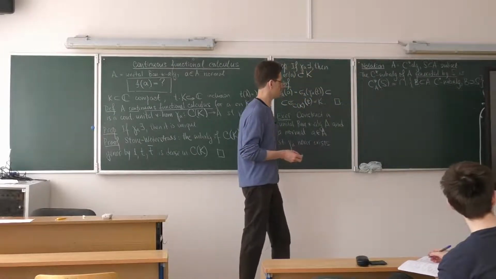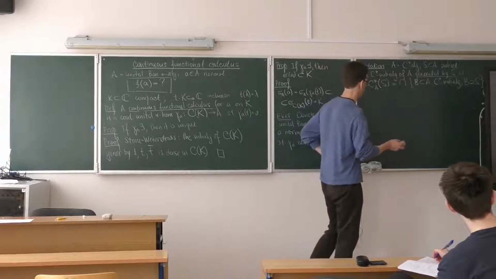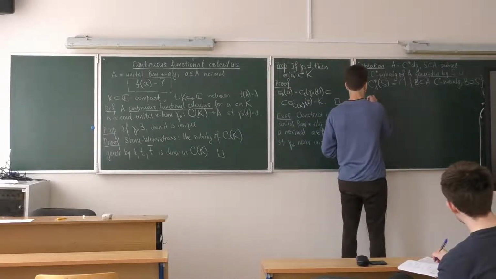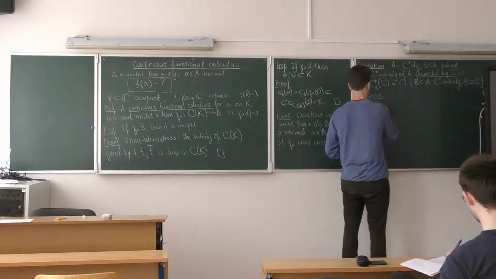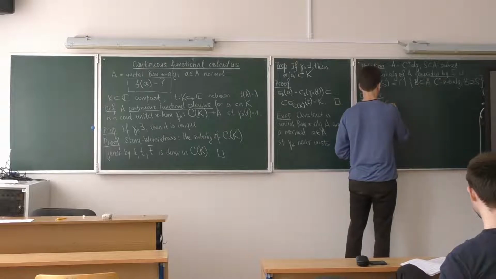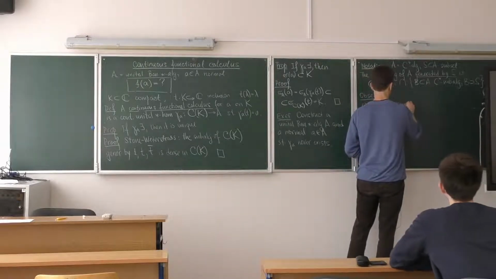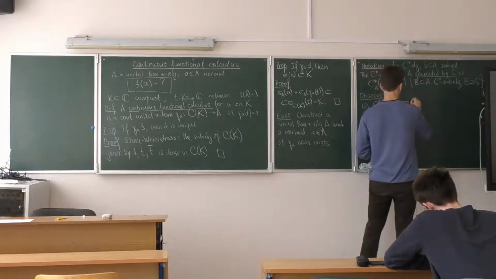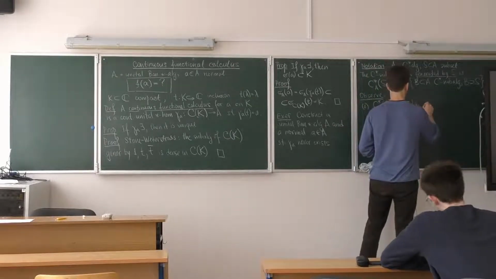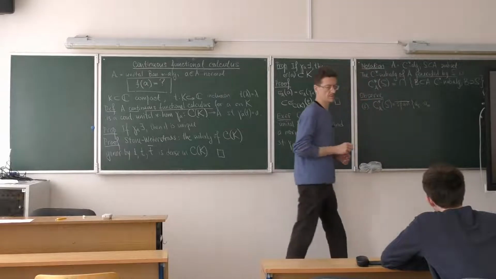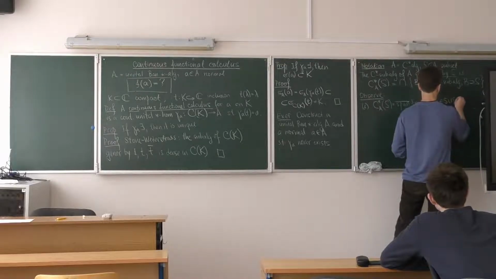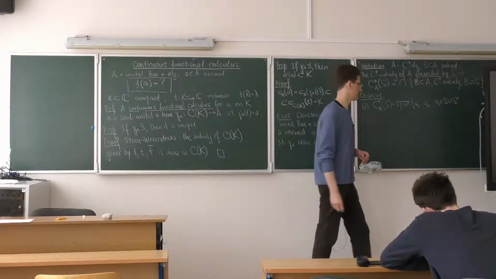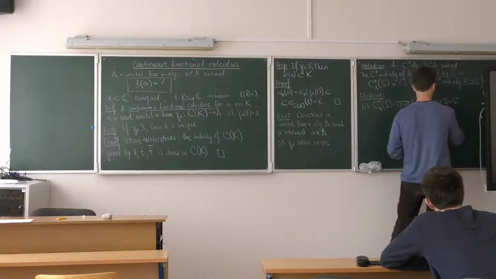In fact, we can easily describe this subalgebra a little bit more explicitly. So let's observe that the C-star subalgebra of A generated by S is the closure of the linear span of all finite products A1 to AN, where the letters A1 to AN belong either to S or to S star, and N runs over the natural numbers.